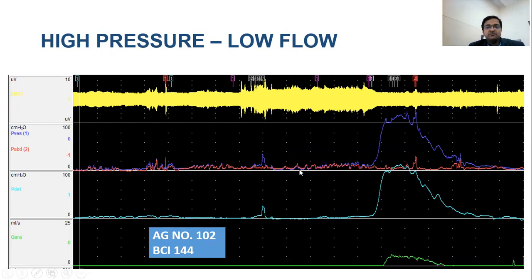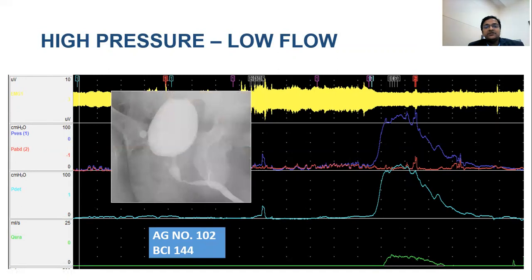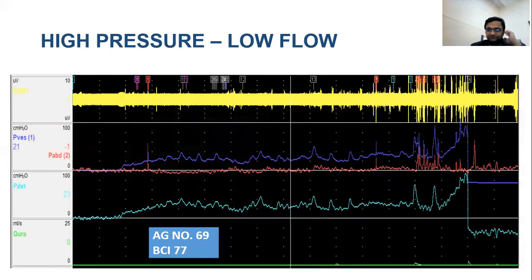In this case, the AG number was high, obviously, and detrusor contractility was good, more than 100, and his MCU showed a bladder neck obstruction, but there is also a sphincter obstruction. So this is the limitation: we have to interpret in the light of clinical data.